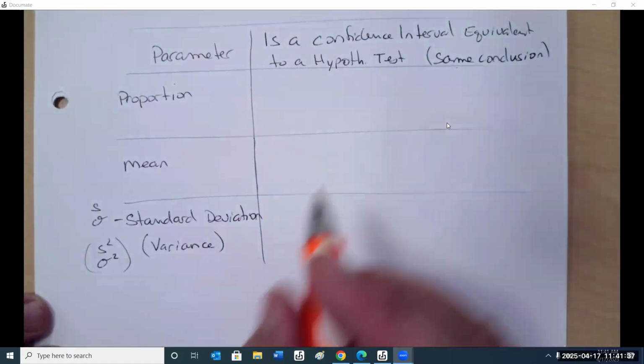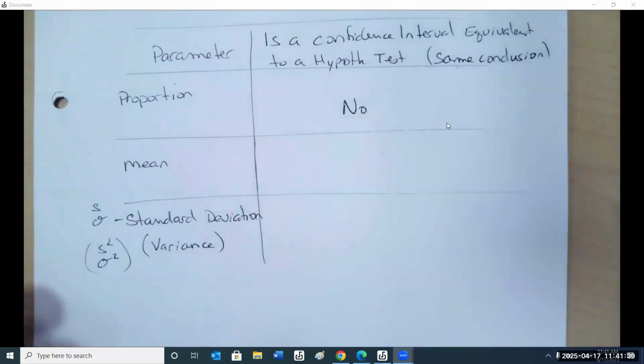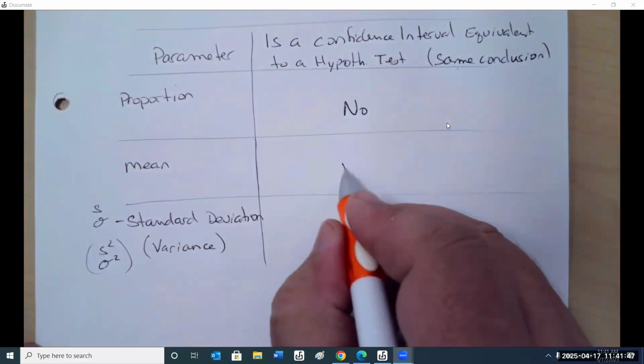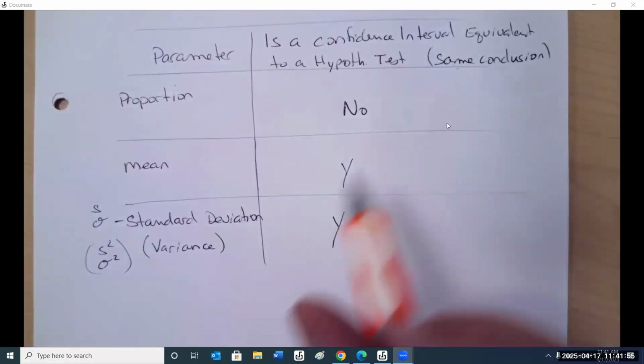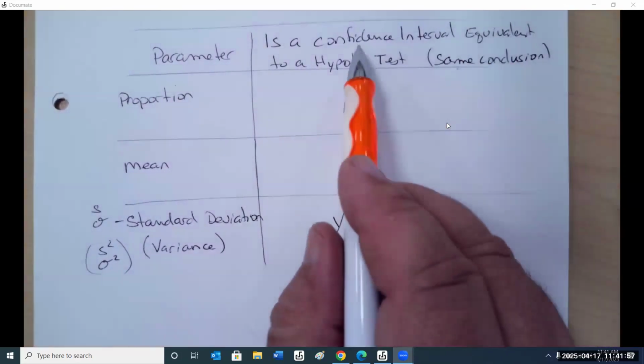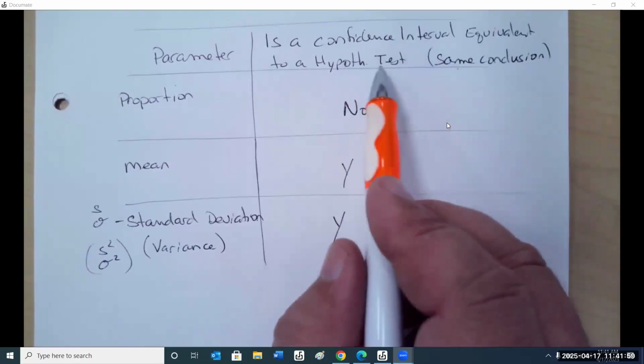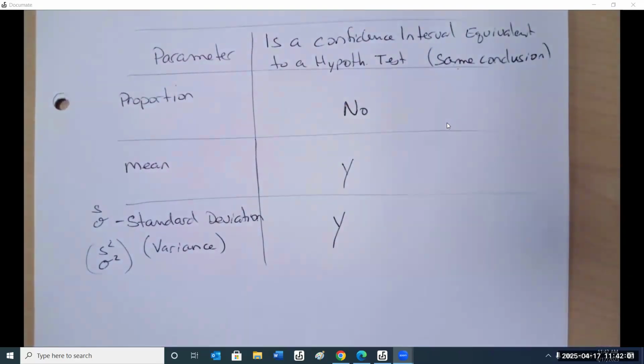In proportion, no, simply because of the way that the proportion is determined. The mean and deviation, yes. So the confidence interval method is equal to the hypothesis testing, again, because of the information that you're putting into the equation.